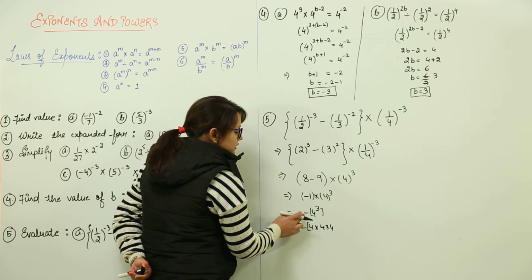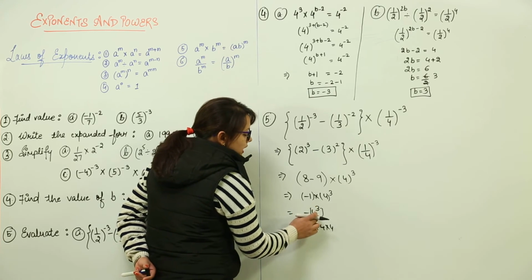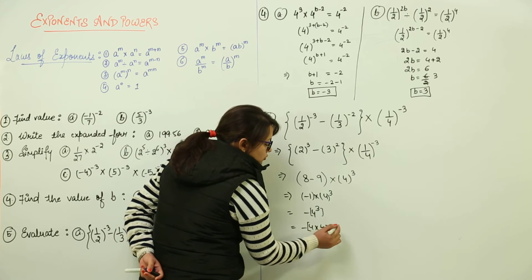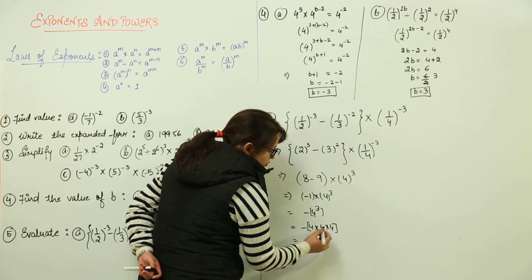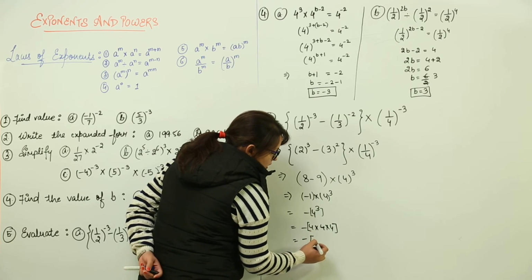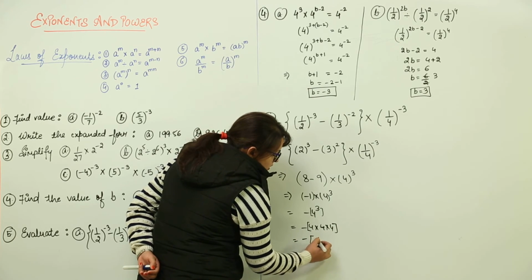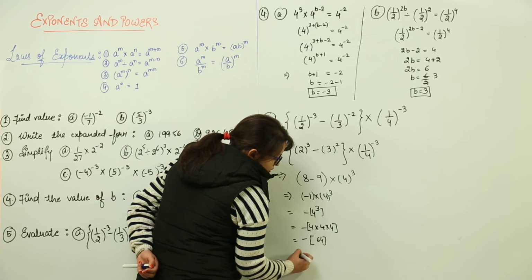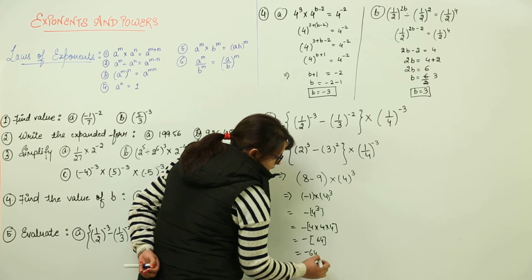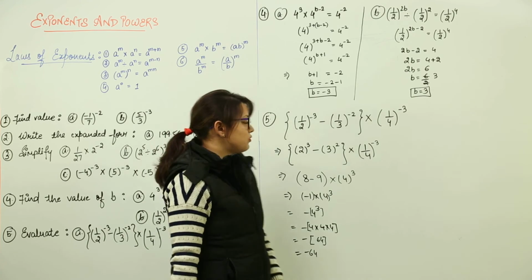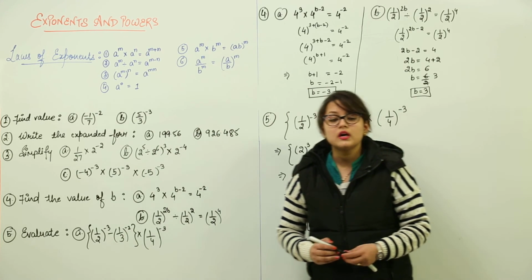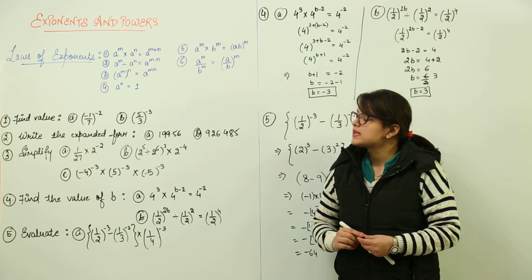So I have let it remain minus only. What do I have? Minus 4 into 4 into 4. What is 4 into 4? 16. And what is 16 fours again? It is 64. So what do I get when I open my brackets? I get minus 64. So this is how we evaluate our questions using the laws that we have learnt.